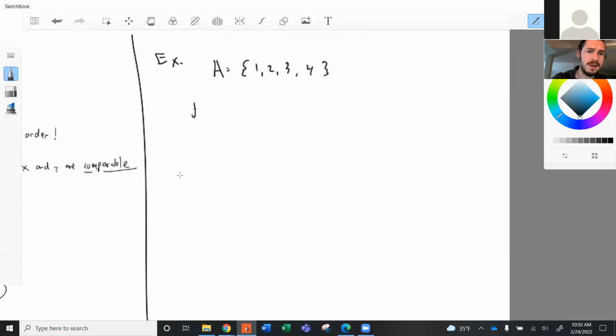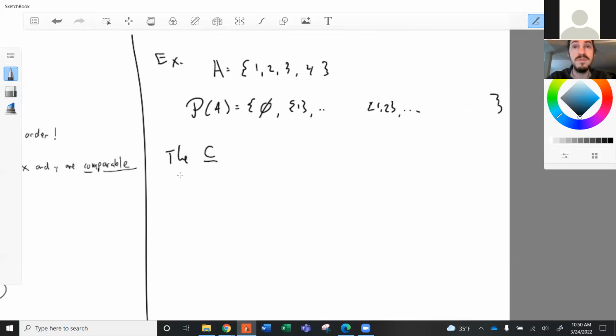The power set of A has everything: the empty set and all the singletons and all of the pairs and then all the triples and so on. It's got all these different things in it, right? And you can define the subset or equal to relation as a partial order on that power set, on the set of all the subsets of A.